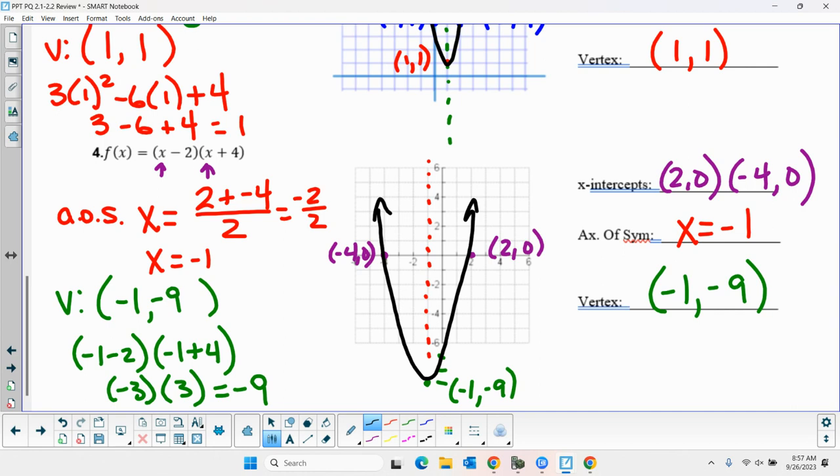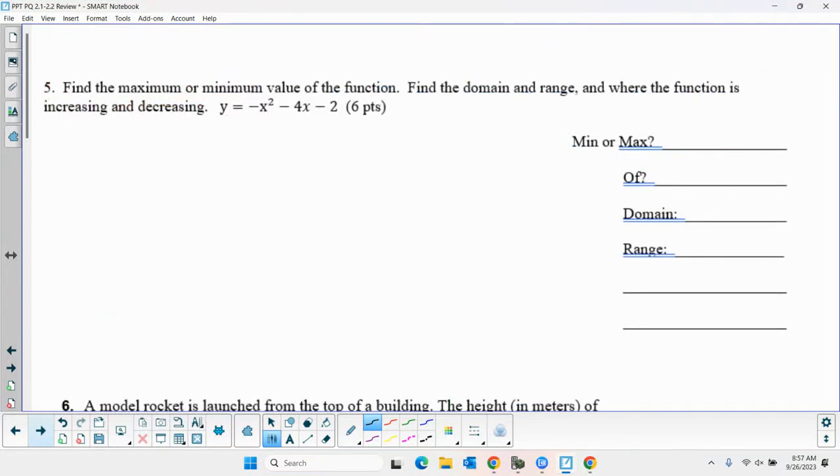Okay, number 5 is like our warm-up. Okay, so my a value is negative 1. Right? There's no number there, but there's a negative, so that means we got a max.